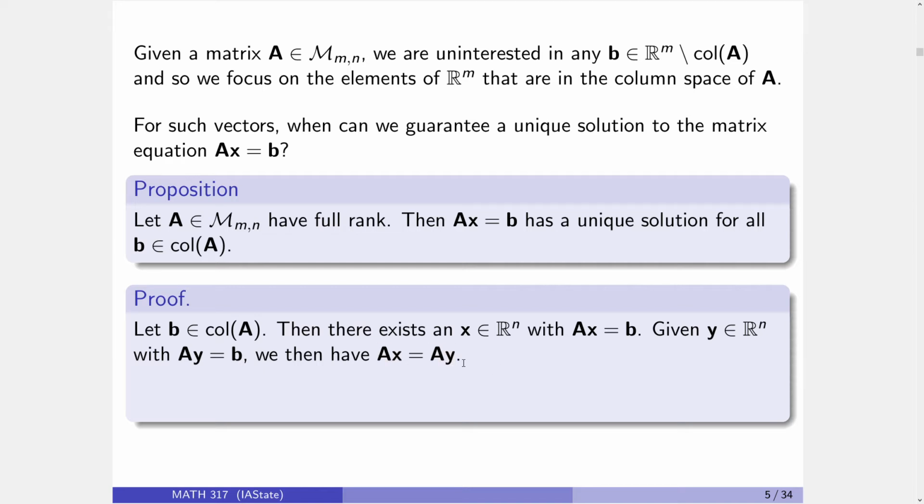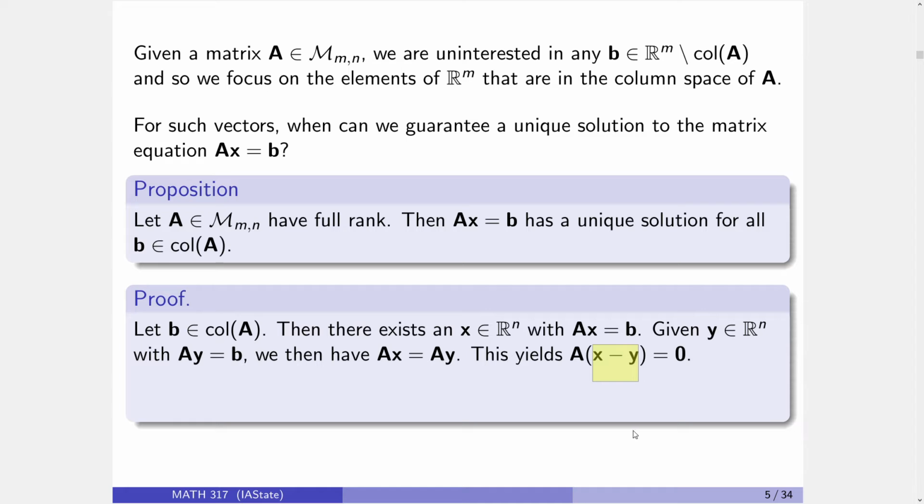Now, what we want, of course, is to cancel A to get x is equal to y. But as we've already stressed repeatedly, cancellation of matrix multiplications is not allowed in general. So there has to be a reason why you can do it. All right. So note that when you subtract this over and factor out an A, you get A(x minus y) equals 0.